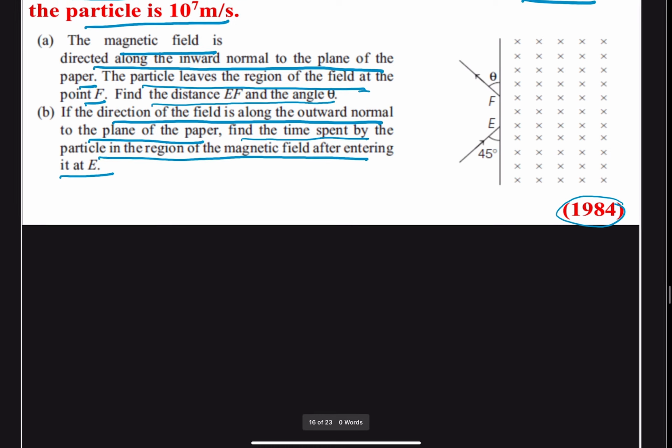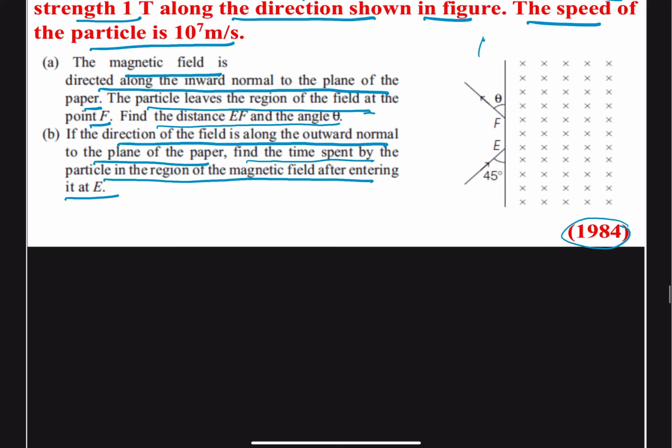So this particular figure is for part A. It says that it enters at point E, the magnetic field is into the paper, and it leaves from the point F. And we have to find the distance EF, and we have to find this angle theta.